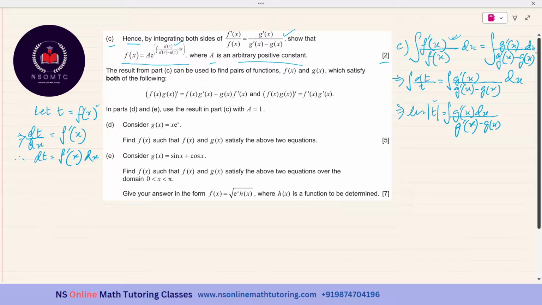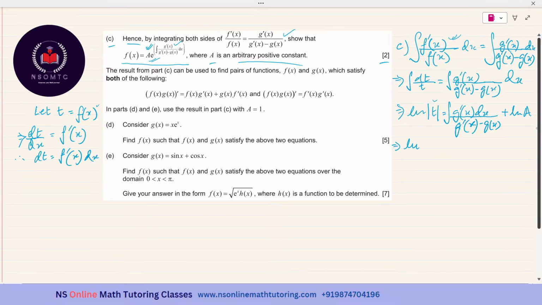I could have written plus c, but I am seeing that this is a. Okay, so ultimately, even if I have c, I should be writing c equal to ln of a, because I am seeing there is this e and there is this ln. So it is better to write the constant term in terms of ln. So I am writing this as plus ln of a. Okay, and I'm taking the ln of a to the left side.